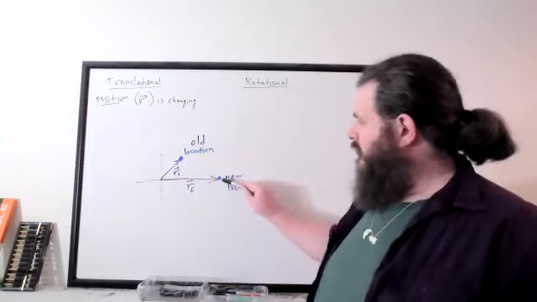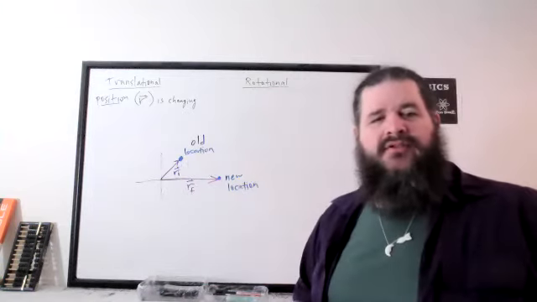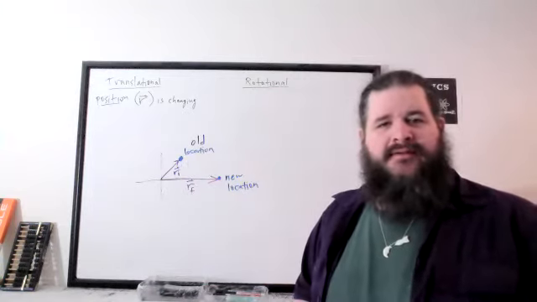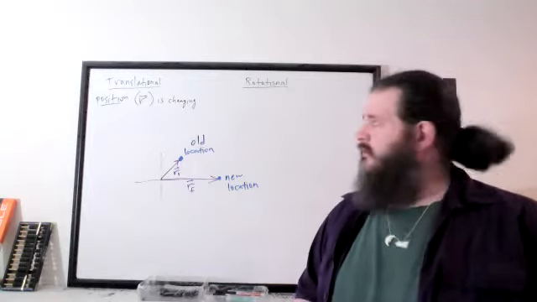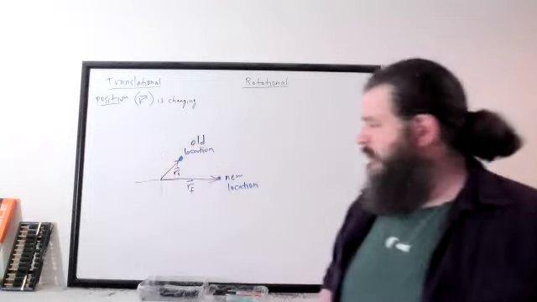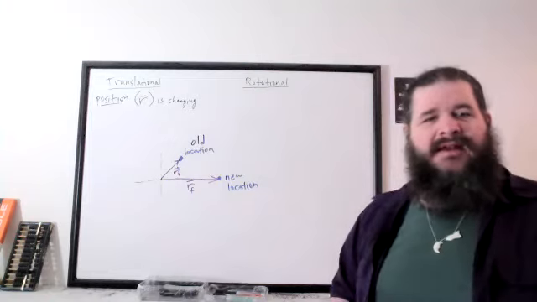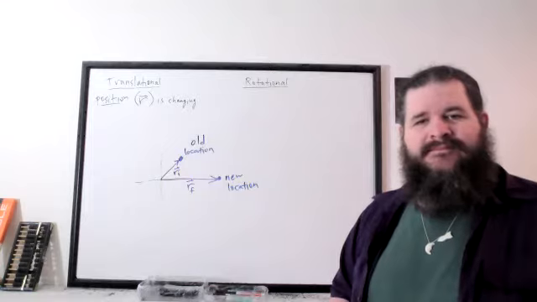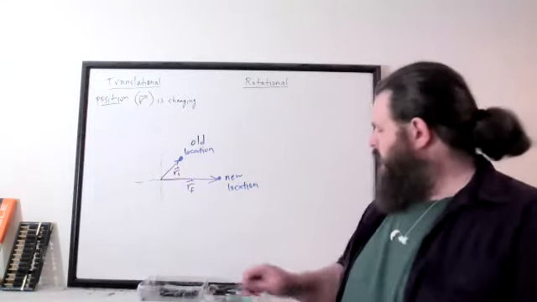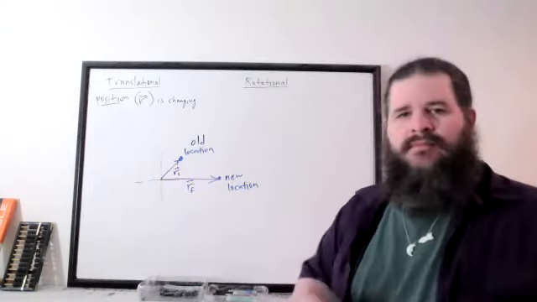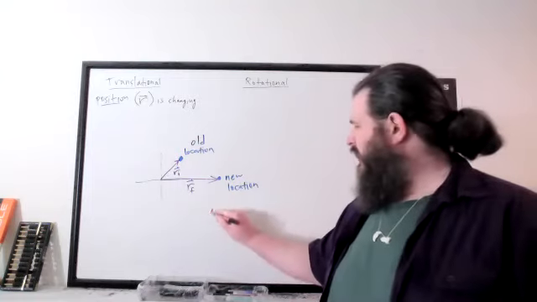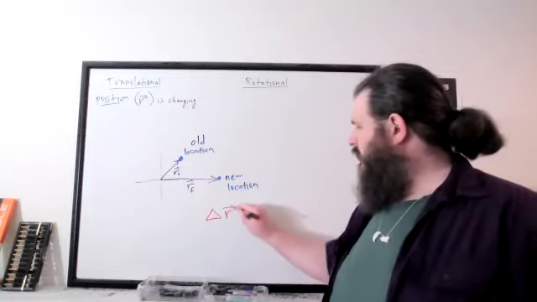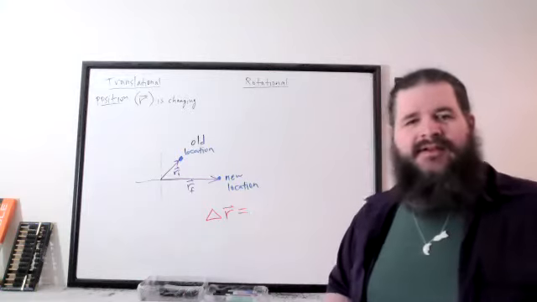So here's our initial, here's our final, but how would we describe how far you actually moved? If we're talking about your position changing, how would we describe change in position mathematically? We usually write changes as delta, right? How would you actually write out delta R mathematically?